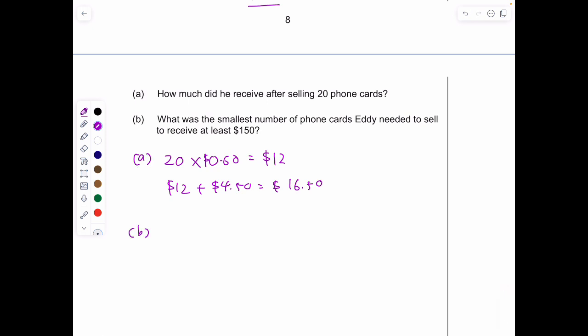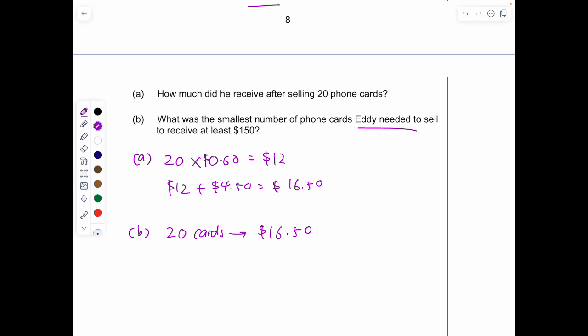Now for B, what was the smallest number of phone cards Eddie needed to sell to receive at least $150? Now, so we know that for every 20 cards, Eddie would receive $16.50.